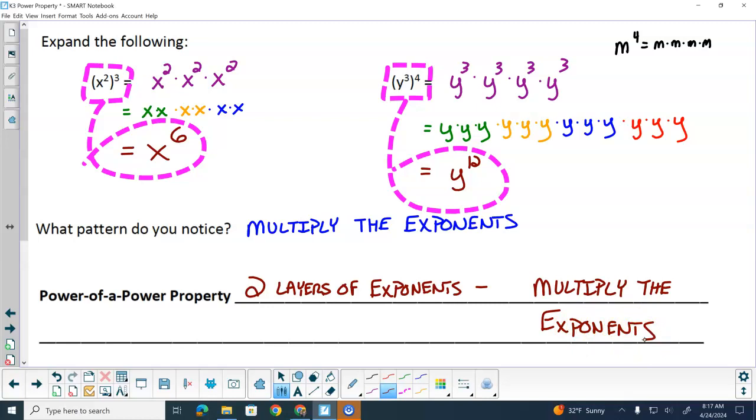Sometimes you might see this written out as x to the m power to the n power, like that, and then that would be x to the m times n power. Okay? When you've got two layers of exponents, so you've got a base that's got an exponent, and then that's got an exponent to it.